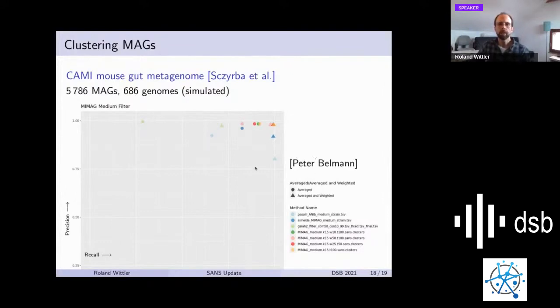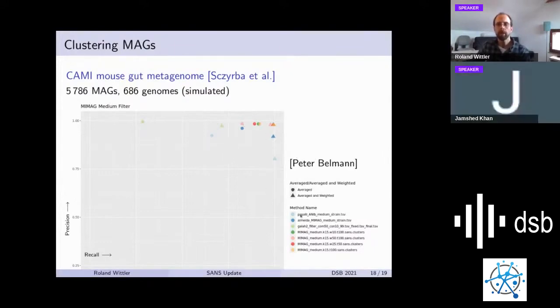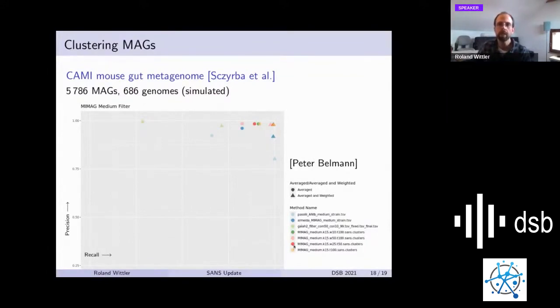And colleagues of ours took care of the evaluation and compared this Sohn version to other methods. And as we can see, Sohn is with different parameters. It's the green and the reddish results here, and they end up here in the top right. So we have high recall and precision even compared to those methods, which are dedicated methods for this problem setting.